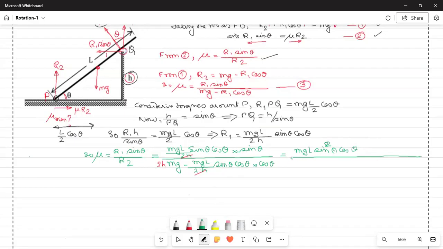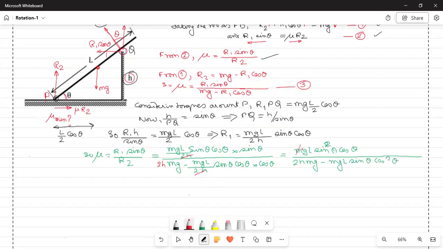At the bottom we have 2Hmg minus again mgL sine theta cos square theta.